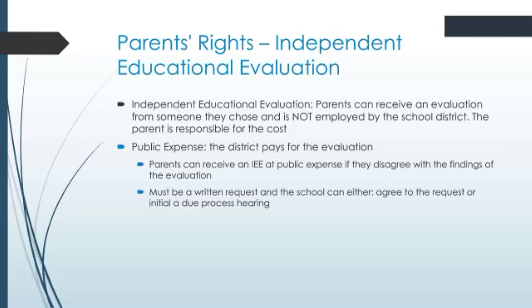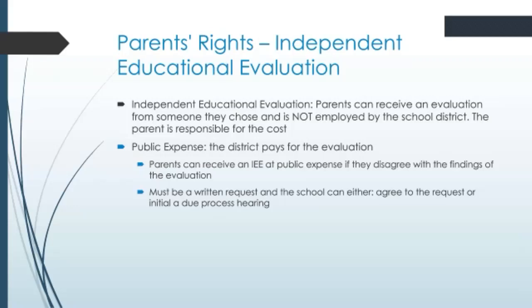On the flip side, parents can receive an IEE at public expense, where the district pays for the evaluation, if they disagree with the findings of the evaluation. So if both of you agree that this didn't work out the way that we thought, the school district can pay for the IEE, but generally the district will not pay for that.